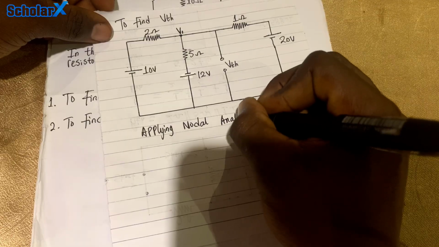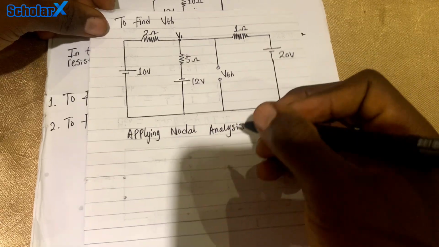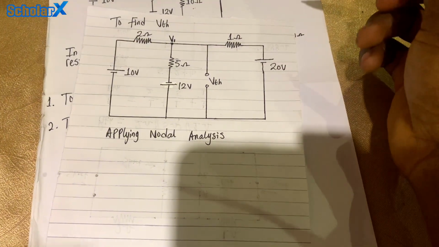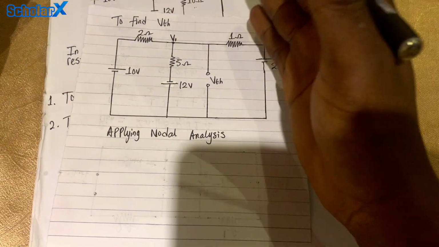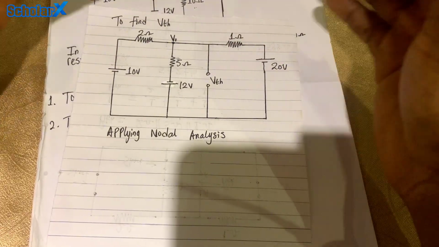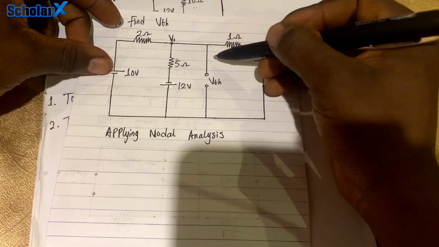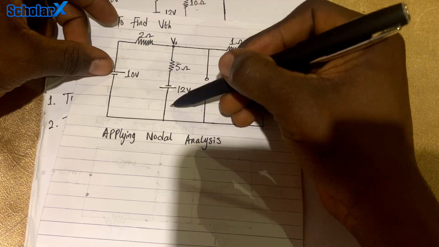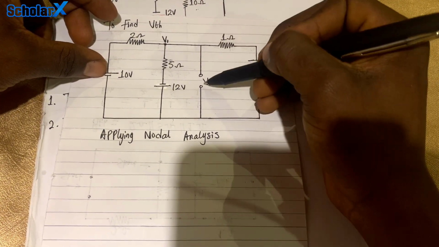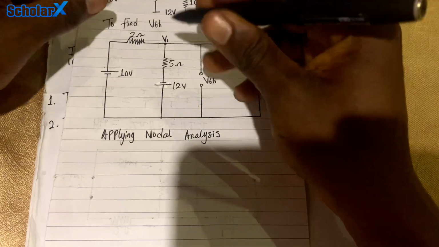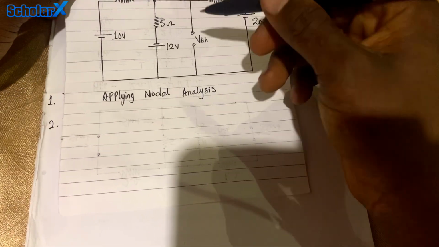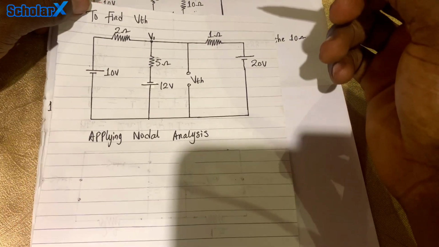You agree with me that the voltage across here will be the same voltage across here, because when two things are connected in parallel, they have the same voltage. So this line is in parallel with this line. So if we can find V1, we've found VTH. We're going to use nodal analysis in this case to find V1, which is the same thing as finding VTH.